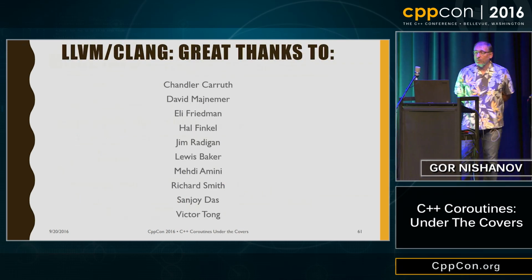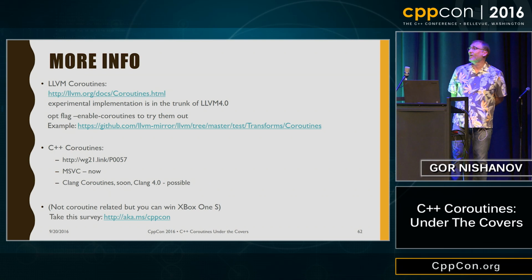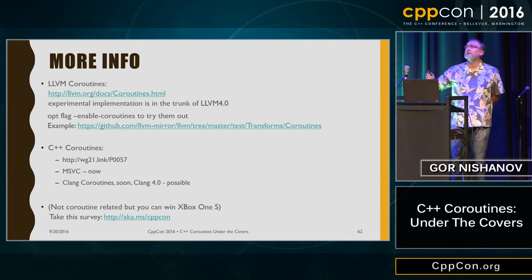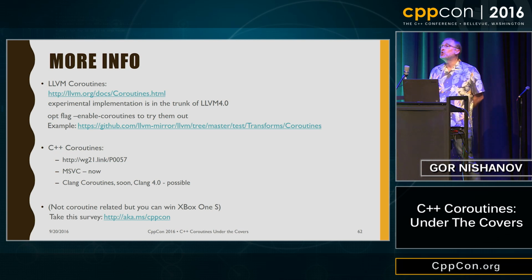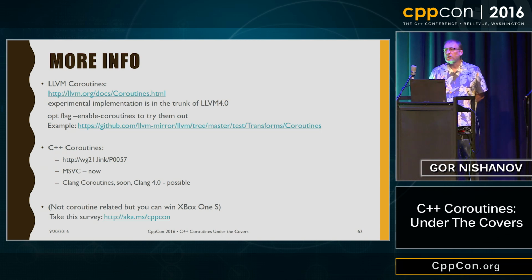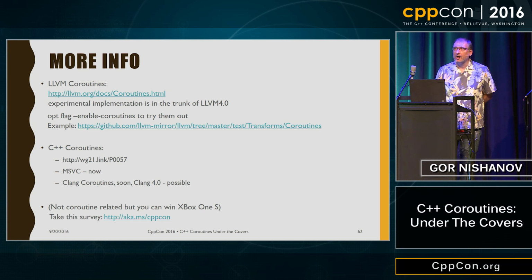Okay, so here's the state of the coroutines in LLVM and Clang. The question was, can we use them today? You can use LLVM coroutines today. What currently is in the trunk is LLVM level coroutines.